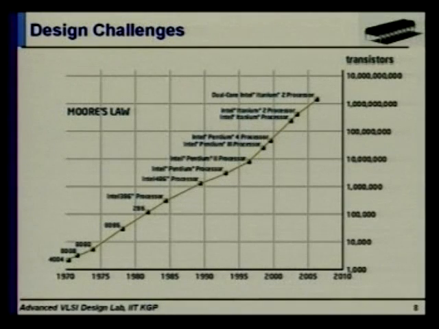This is something which you must have seen before. This is Moore's law. Moore's law says that the number of transistors doubles approximately every 18 months, right? So this gives you the number of transistors in the Intel family of processors from 1970 to around our time.